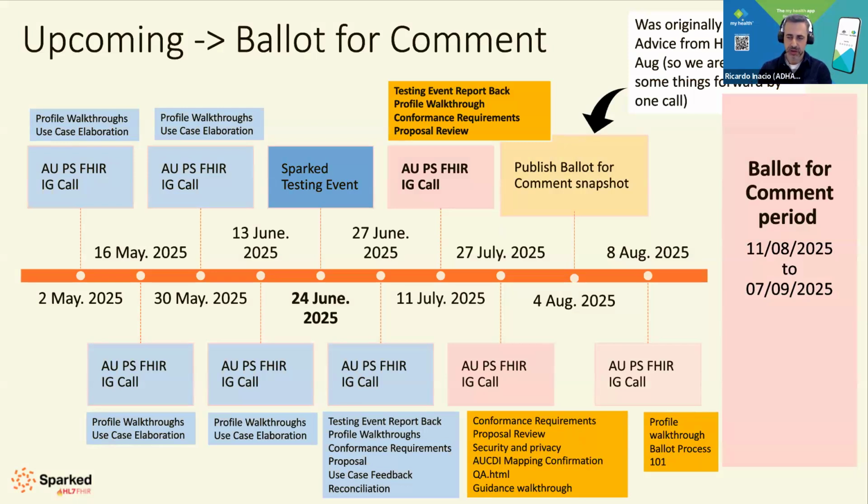So this was originally expected to be on the 9th of August, but after advice from HL7 Australia, this is now the 4th of August. So some things are being brought forward by one call, really, by trying to hit these new dates.